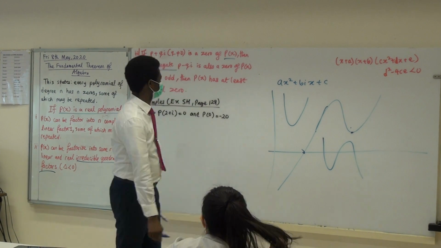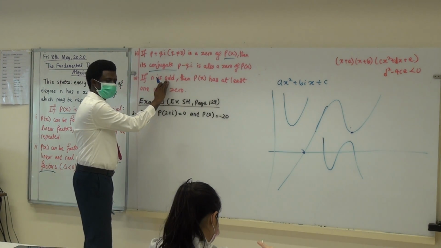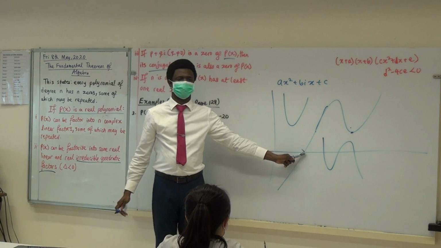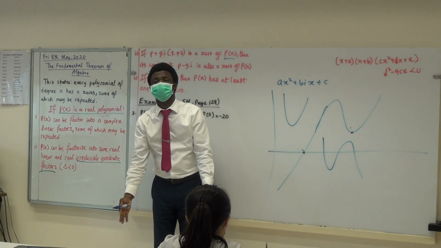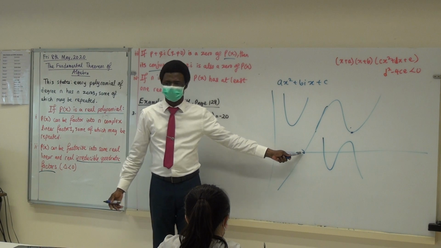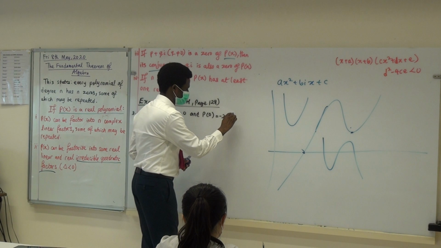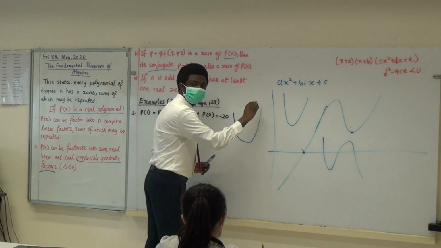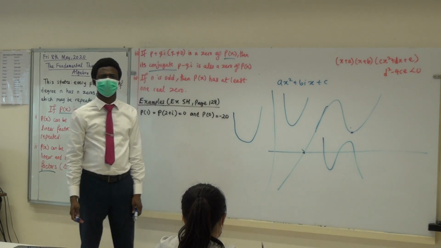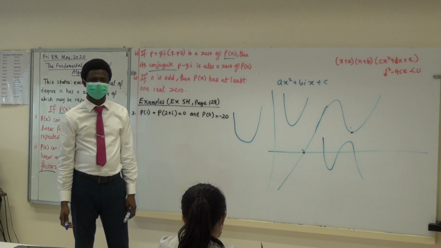All right? So if the degree is odd, you have at least one zero. At least one means you may have more than one, but you are guaranteed one. Remember, our quadratic function always looks like this, right? Even that may not touch the x-axis. Do you agree?